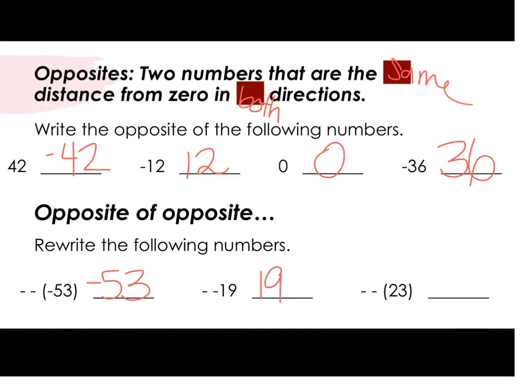The opposite of the opposite of 23: starting with 23, the opposite is negative 23, and the opposite of that gets you back to positive 23. When there's two opposite signs, it really is just the same number. Because you think about it, you're flipping once, flipping twice, you're back to the same number.